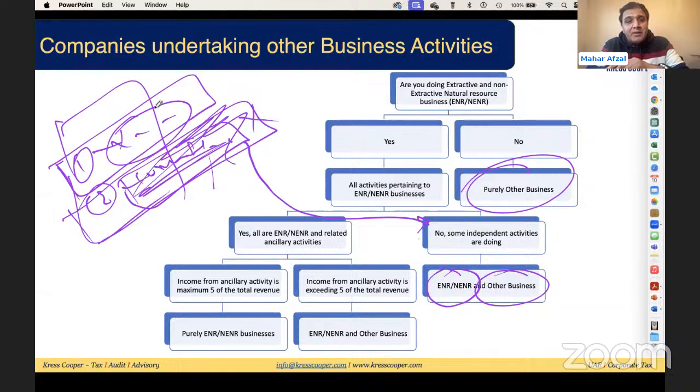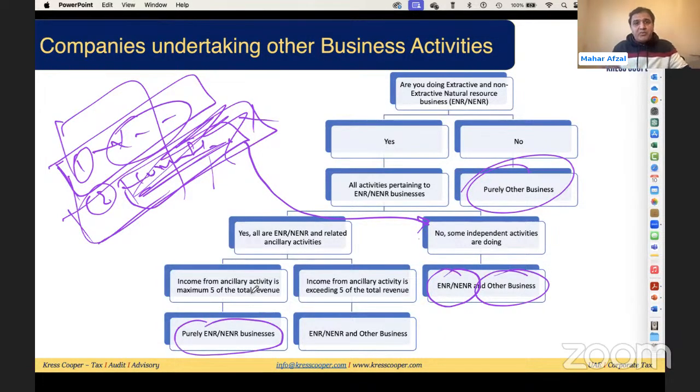The law says that if you are generating income from ancillary or incidental activities, and the revenue from these activities is a maximum of 5% of the total revenue of the company involved in extractive and non-extractive natural resource business, then you are considered purely in that business.